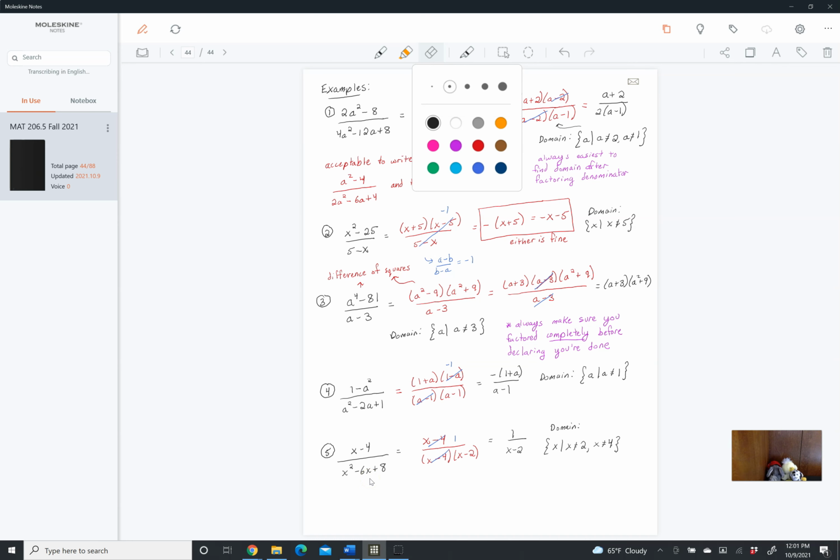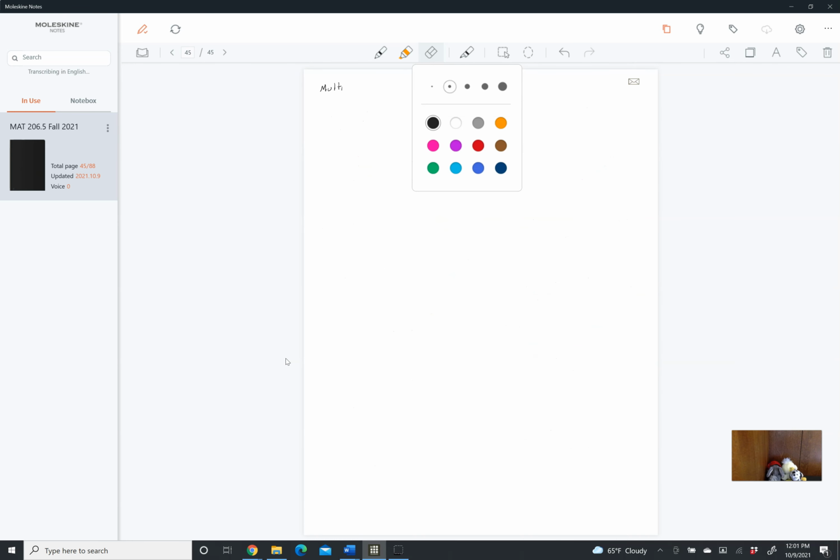Okay, we're going to take two examples of multiplication because multiplication is essentially reducing. The only difference is that we have two expressions and we're essentially just extending the fraction bar.